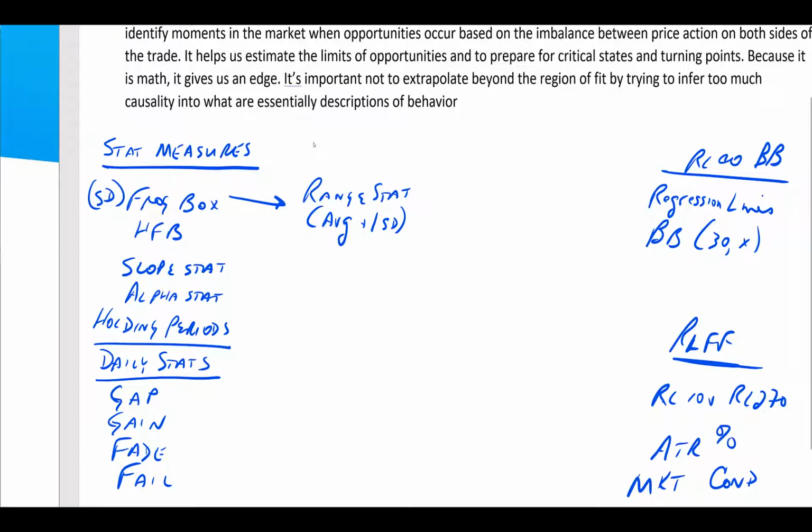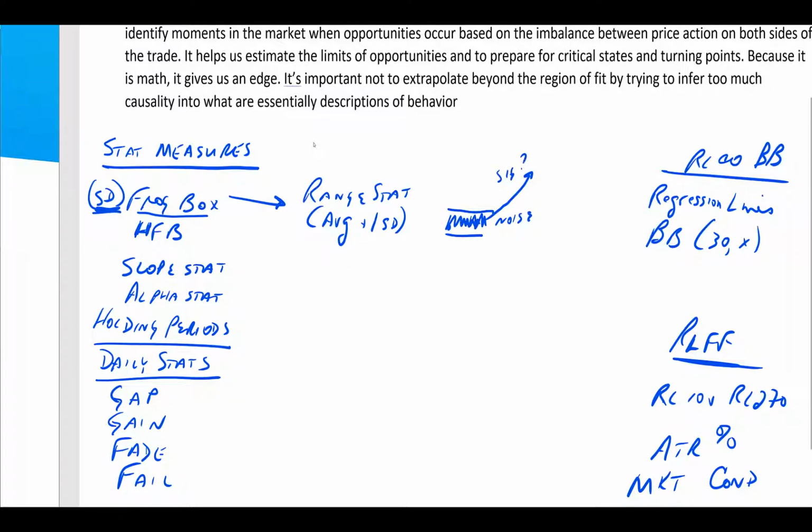So in daily trading, we talk about the standard deviation of range of the last 30 days, which allows us to compute the frog box, which is a description of the difference between signal and noise. So if we have typical price action in here, but now we start getting a directional move, at what point can we say that this directional move is no longer noise, but has become signal?